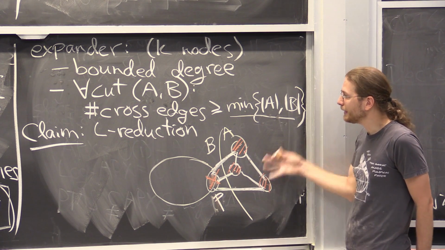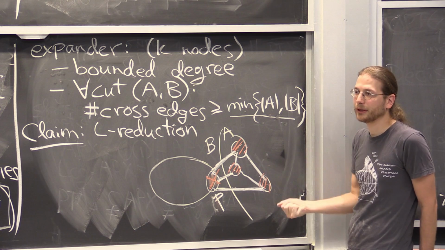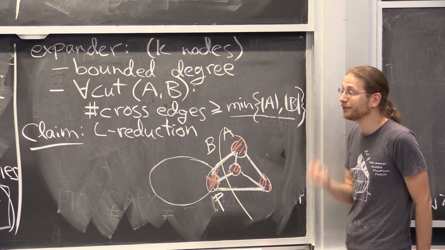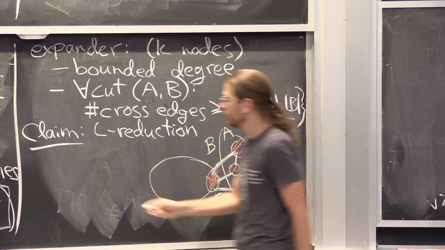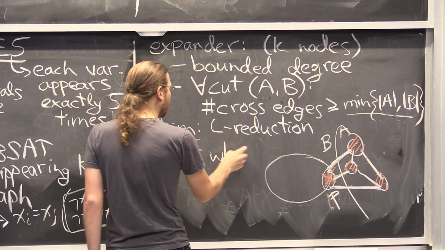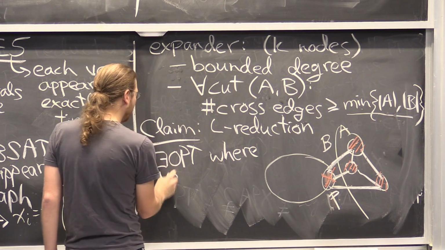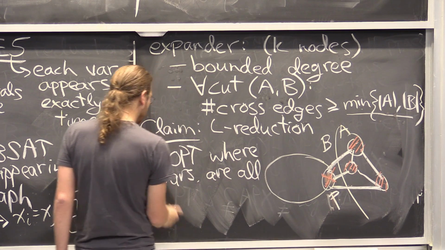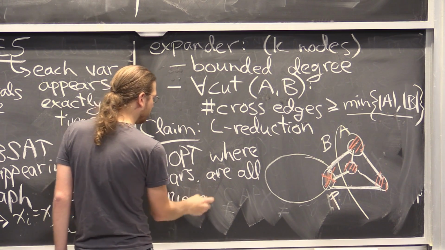So if we have any solution, we can convert it into one where a variable is all true or all false and not lose anything. Therefore, there exists an optimal solution, and you do this variable by variable, where variables are all true or all false.